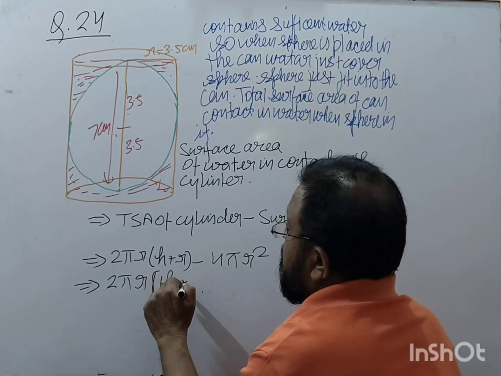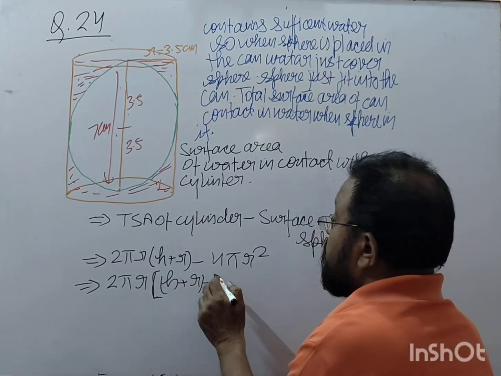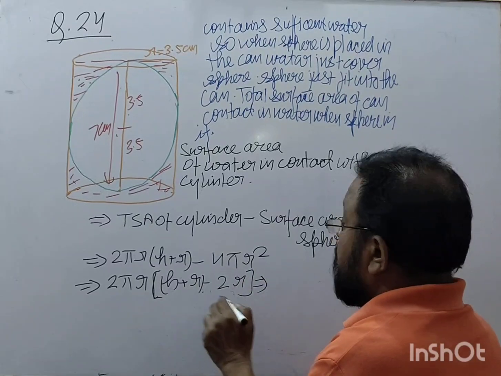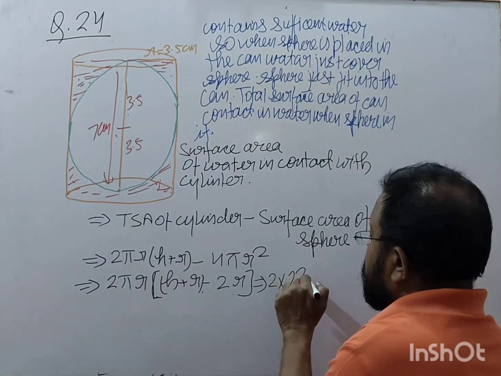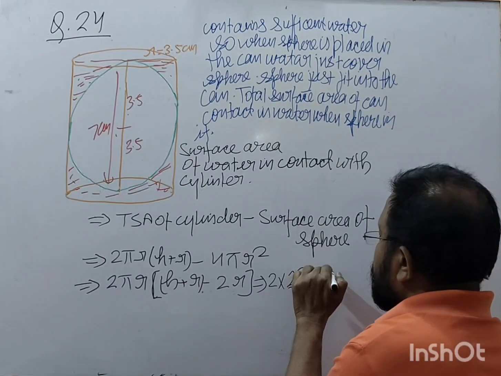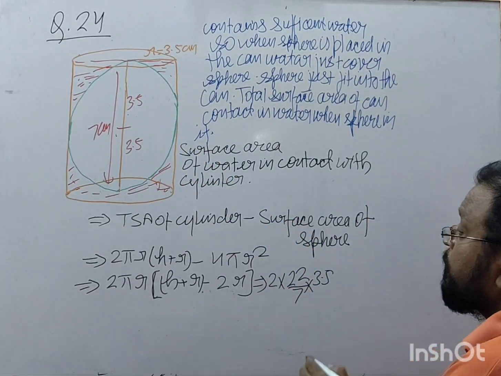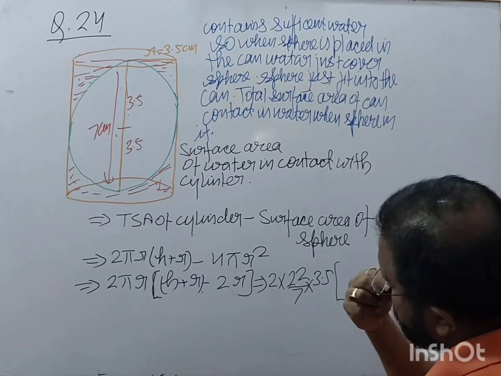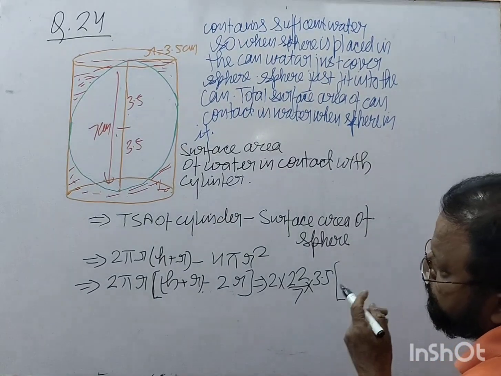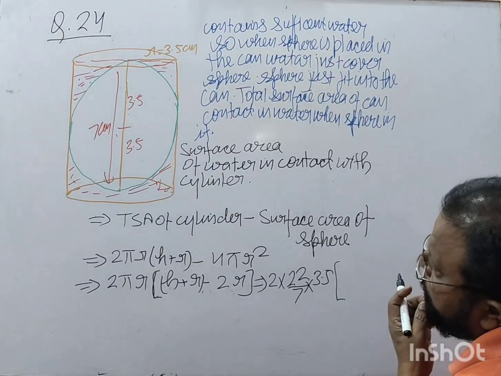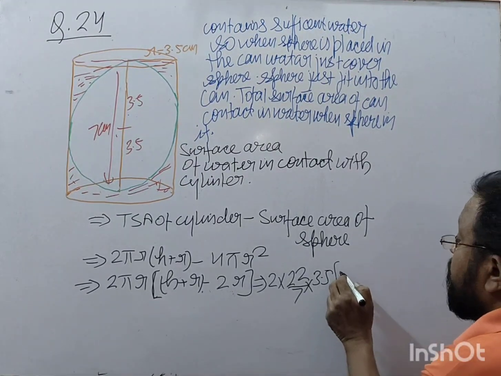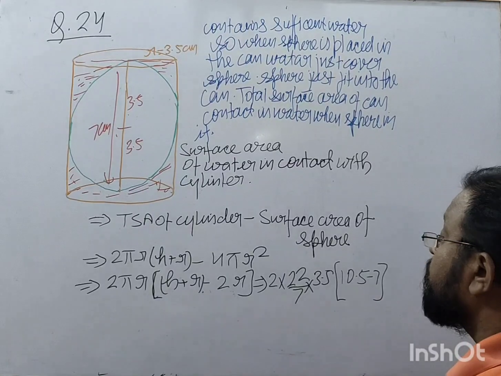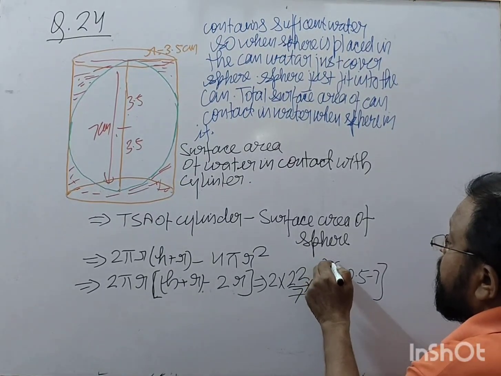You are getting h plus r minus 2r, right? 2 into 22 upon 7 into 3.5 is radius, bracket h plus r, 7.5, 10.5, 10.5 minus 7, right? 7, 0.5.